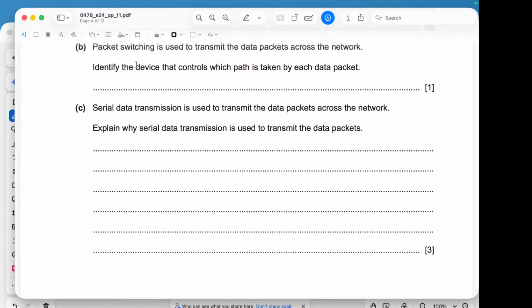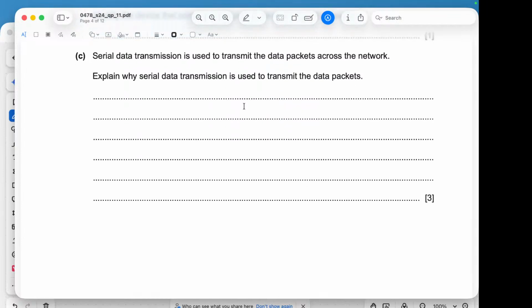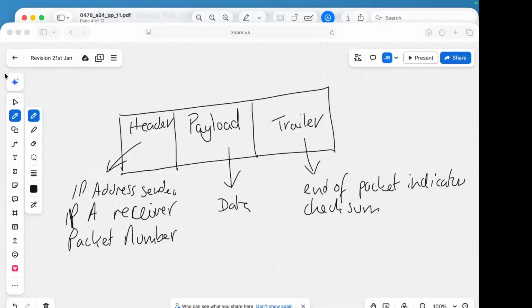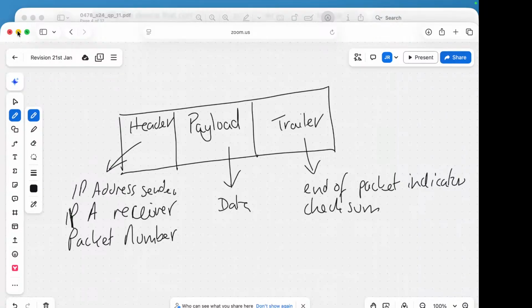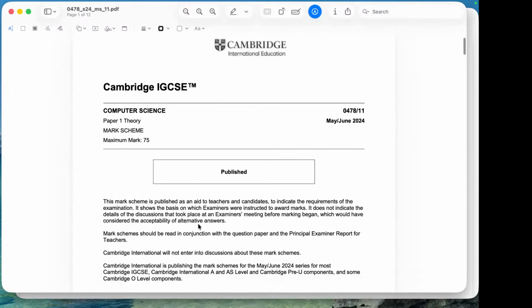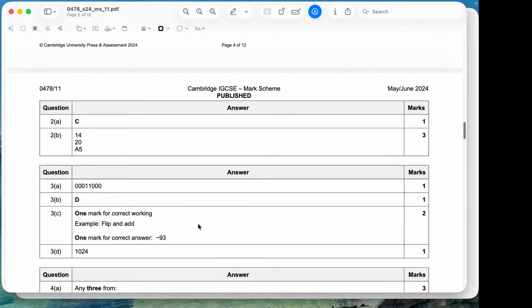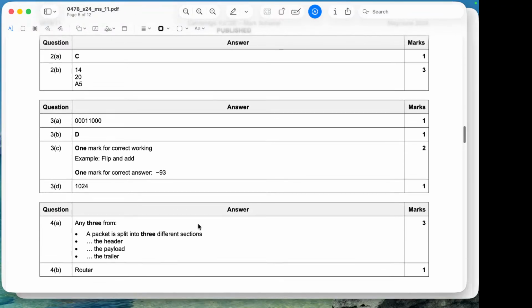So the answer to part B is it's a router. So it's a router that transmits data packets across the network. That's the device. Let me just quickly show you the answer, because I have got the answers here. There we go, the router.